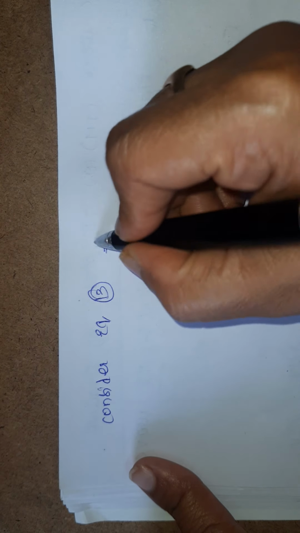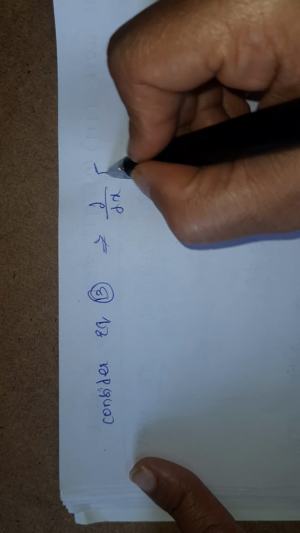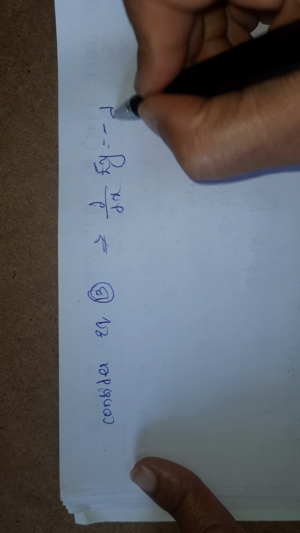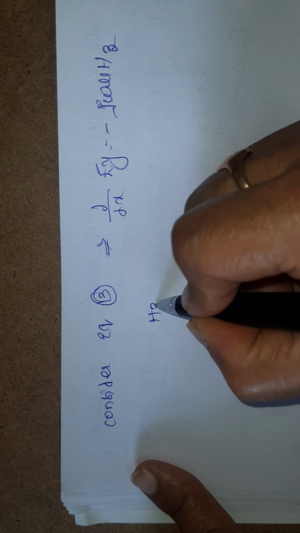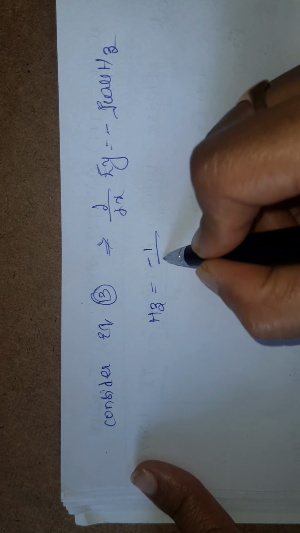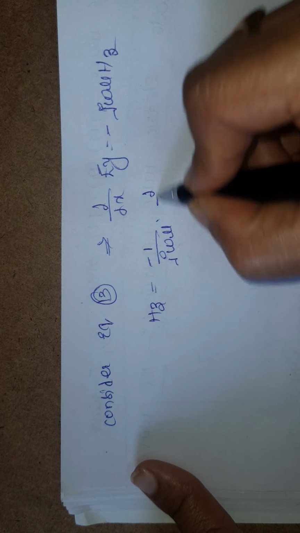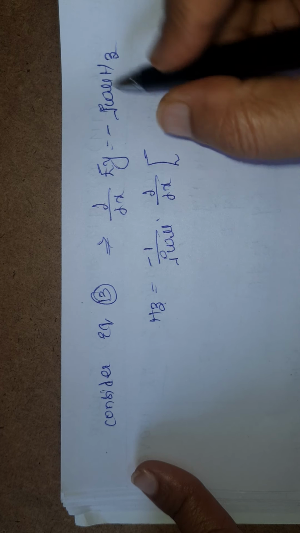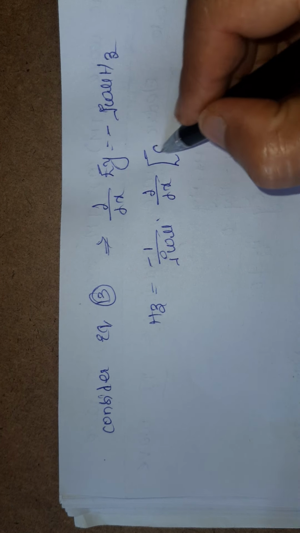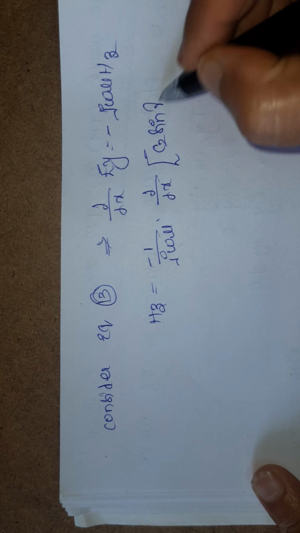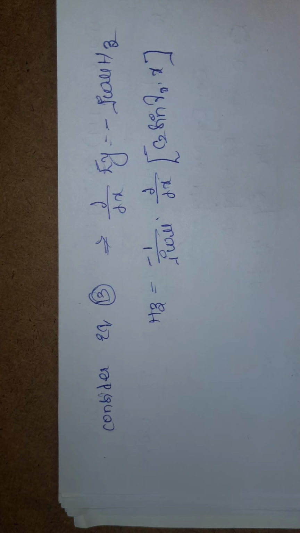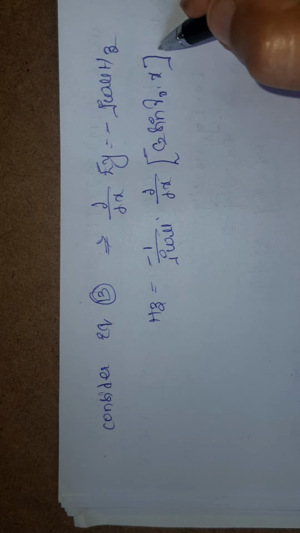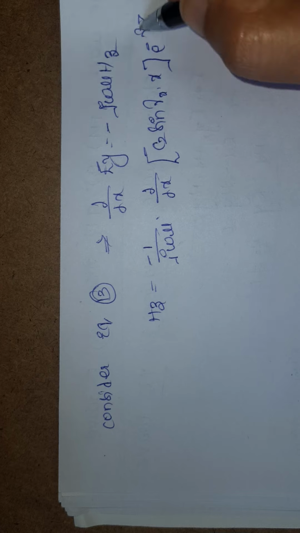From that we will get Hz equal to minus 1 by j omega mu into dou by dou x of Ey, where Ey is equal to C2 sin gamma x of x into e power minus gamma z.